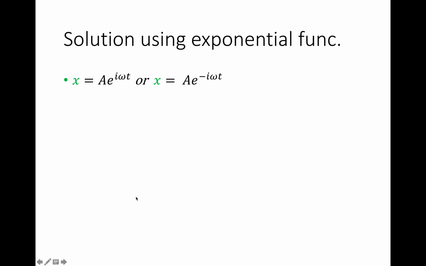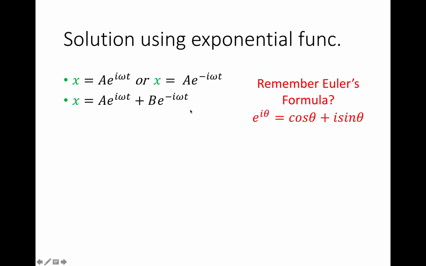Okay, so x will be both A e to the positive i omega t and also B e to the minus i omega t. So the possible resolution will be the combination of these two general resolutions. Remember Euler's formula, e to the i theta becomes cosine theta plus i sine theta.